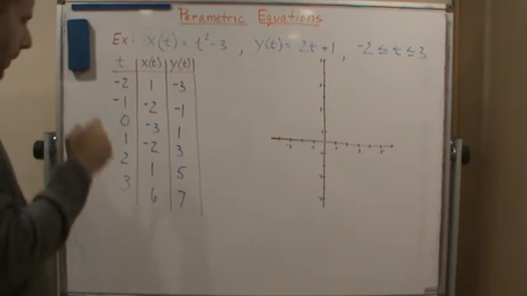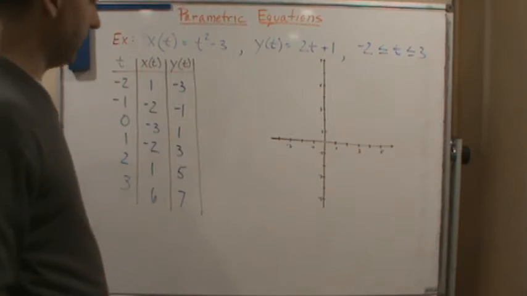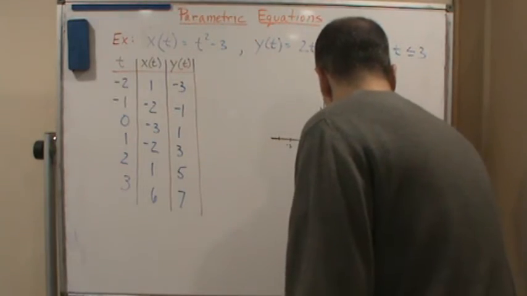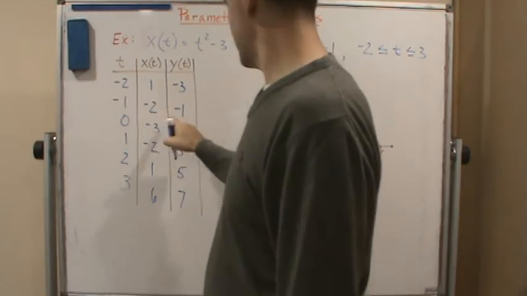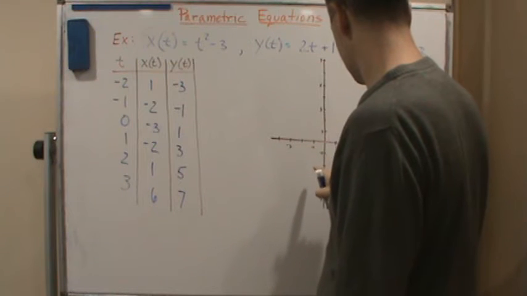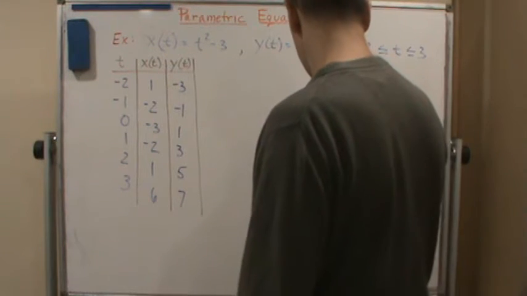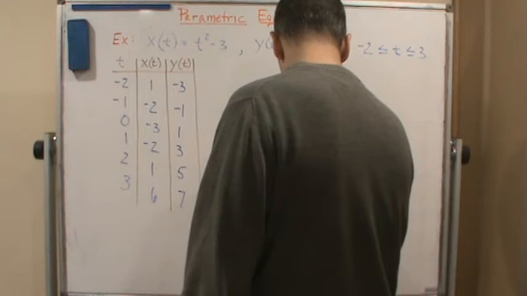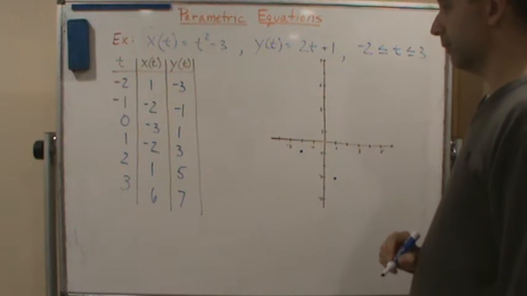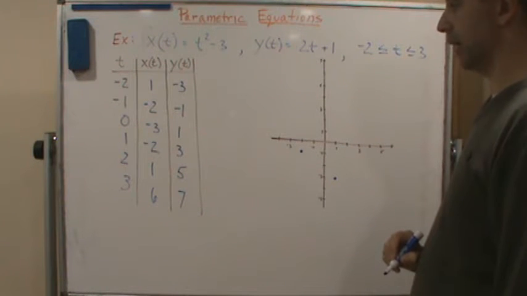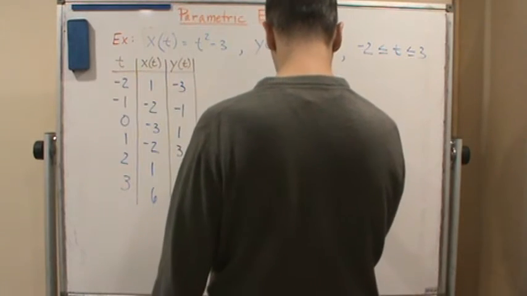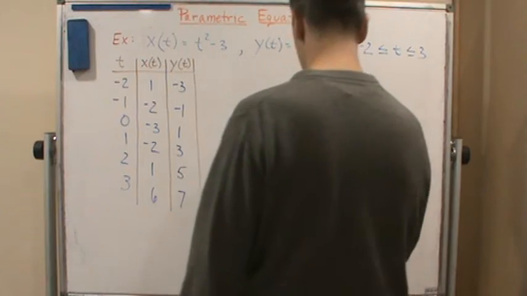So again, we're going to plot the 1 comma -3. So 1 comma -3 is right about here. Okay, and then we get -2, -1. About right there. And then -3, 1. So -3, 1 is right about there.